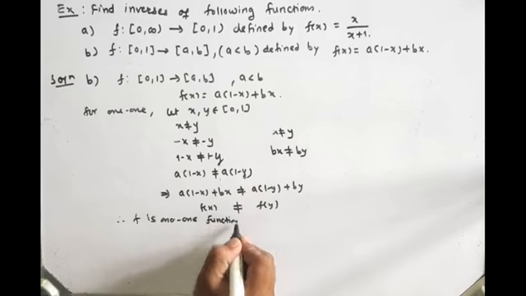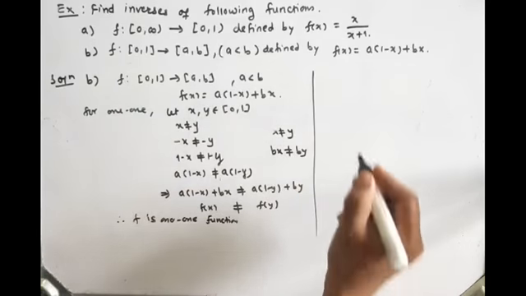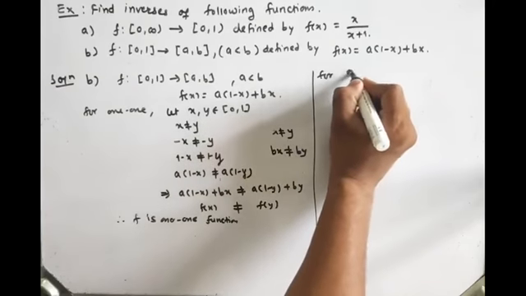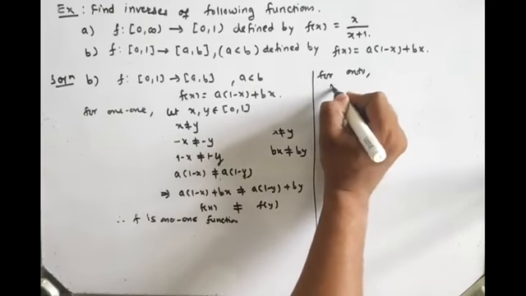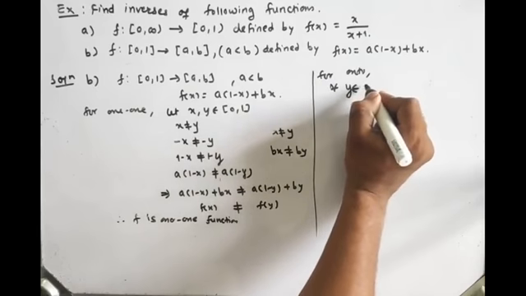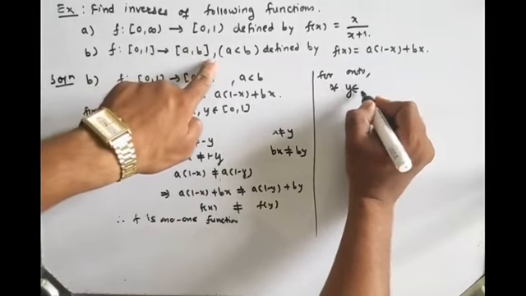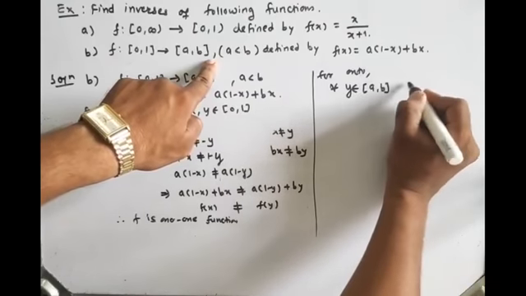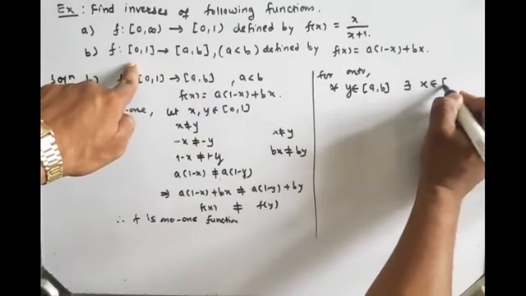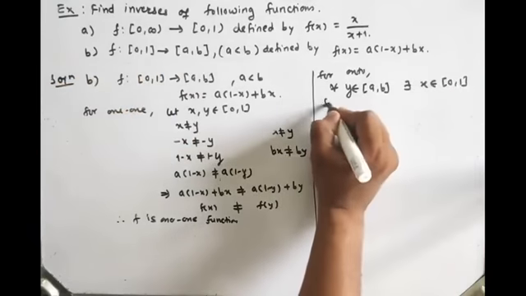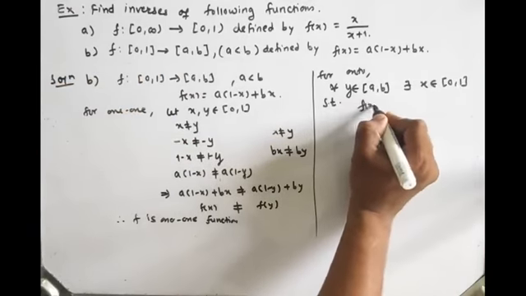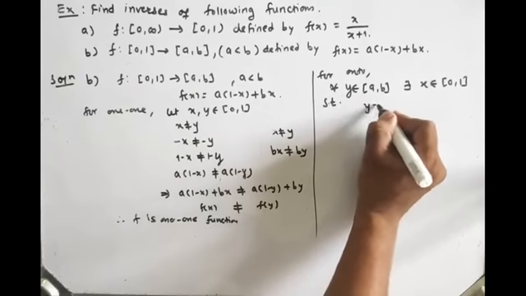Now to check that the function is onto. What is the definition? For all y belonging to the codomain, what is the codomain? Closed ab. Then there exists x belonging to 0 1 such that f of x is equal to y.